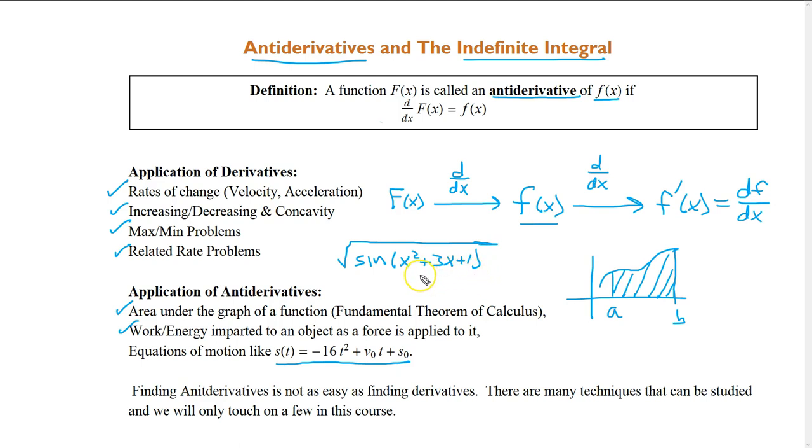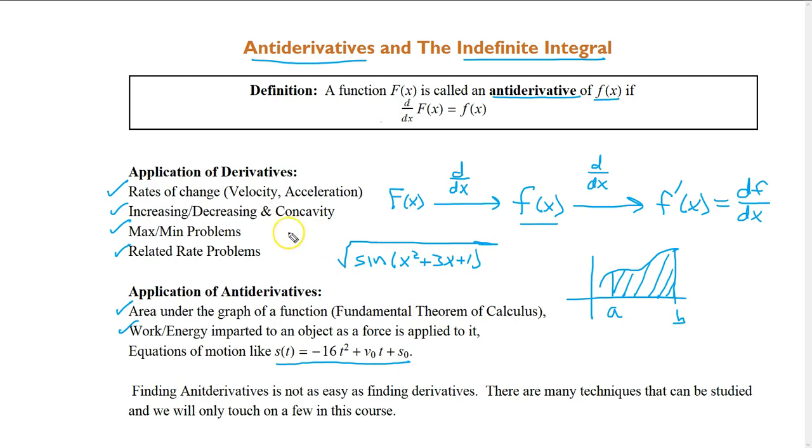You would just have to use the chain rule. But to find an antiderivative of a function like this would be very difficult. In fact, if you take calculus courses after this one, like Calculus 2, you'll devote a lot of time to looking at and developing techniques for finding antiderivatives for some common functions. So it's not nearly as easy as taking derivatives.